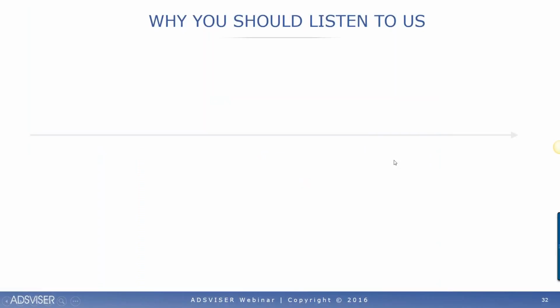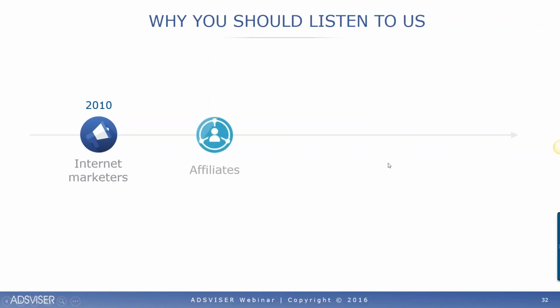I'm quickly going to go through what Oliver and the team have achieved in the last few years. In 2010, we all started as internet marketers. We got online and wanted to help businesses run their businesses and create perfect ad campaigns. We went on to become affiliate marketers, and I'm going to show you a screenshot of the revenue that earned us.